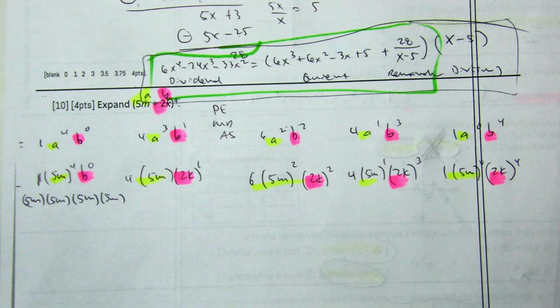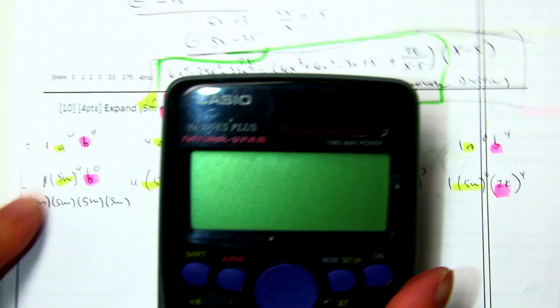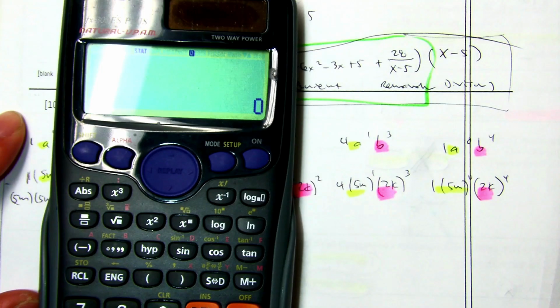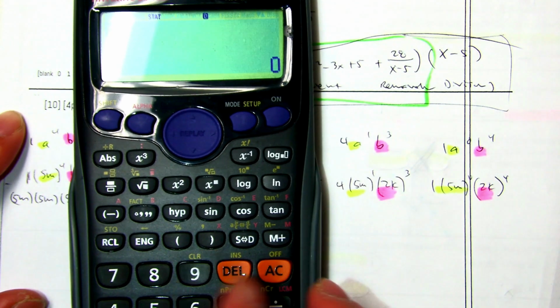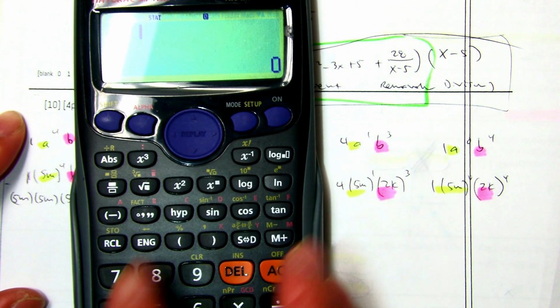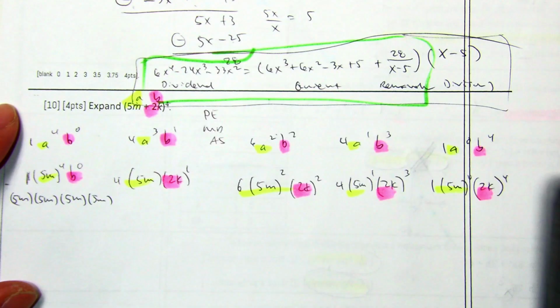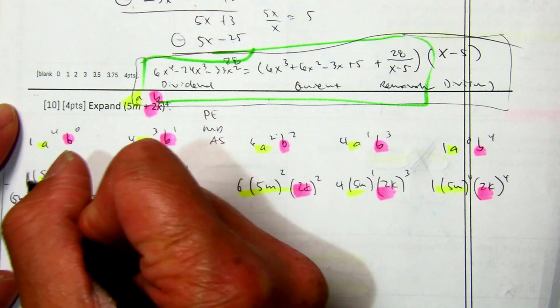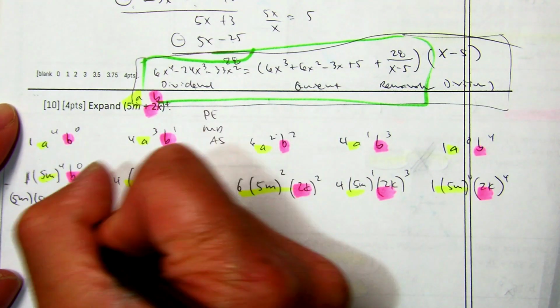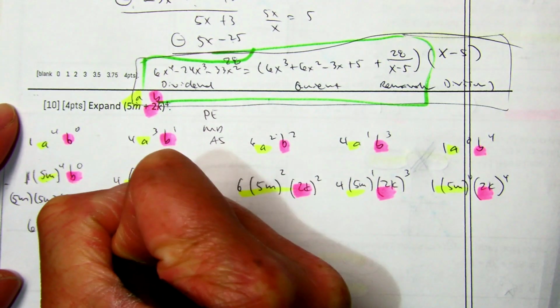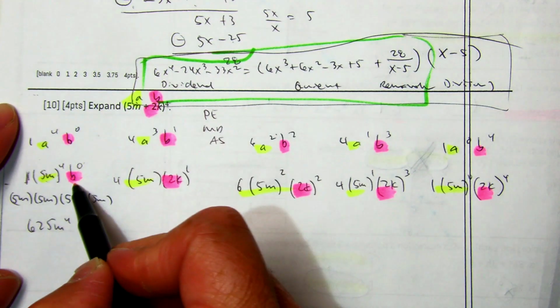And then here you can use your calculator. 5 to the fourth power, it's not 20. It is 625. So this is going to become 1 times 625, which is 625. And anything to the 0 power is equal to 1.